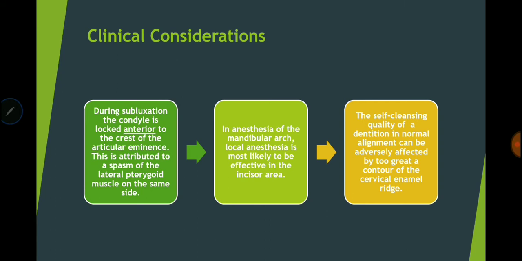In anesthesia of the mandibular arch, local anesthesia is most likely to be effective in the incisor area. And the other one is also the self-cleansing quality of the dentition in normal alignment can be adversely affected by too great a contour of the cervical enamel ridge.